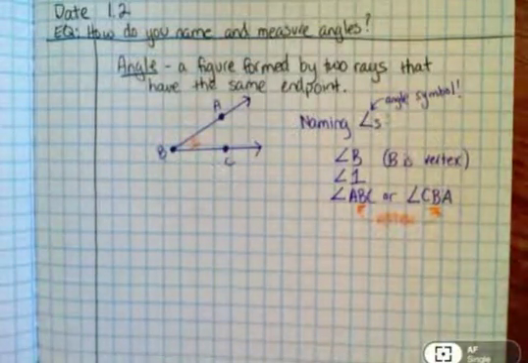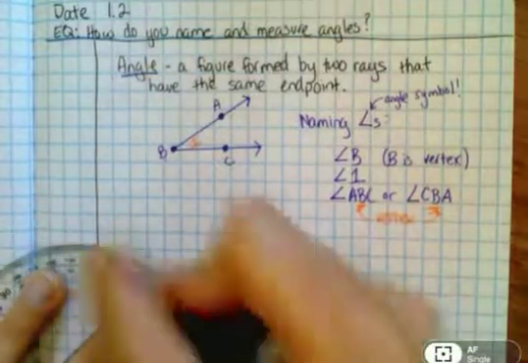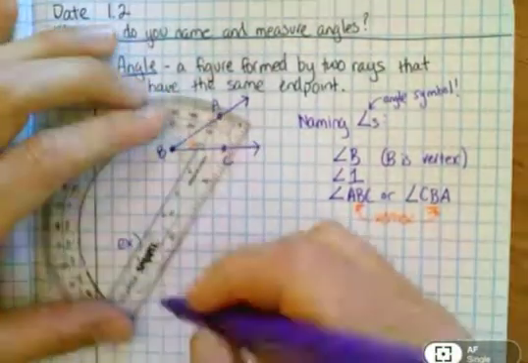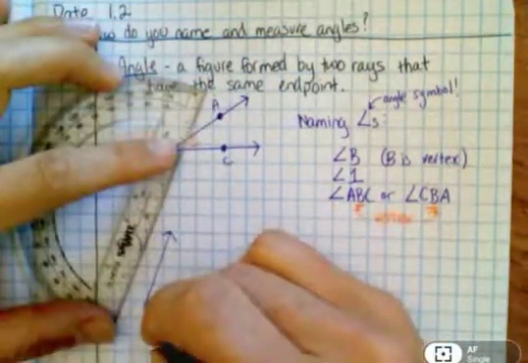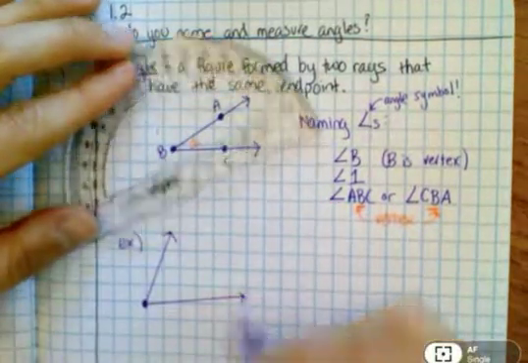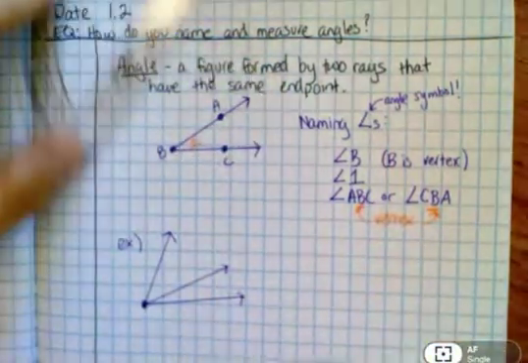And I just want to briefly show you why we can't always use that letter outside. If you have, we'll call this a little example. If you have something like this, where you have an angle that has another ray inside of it.